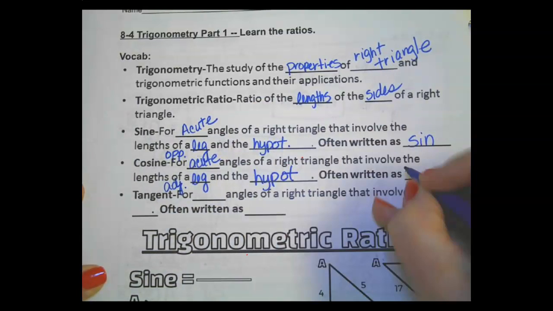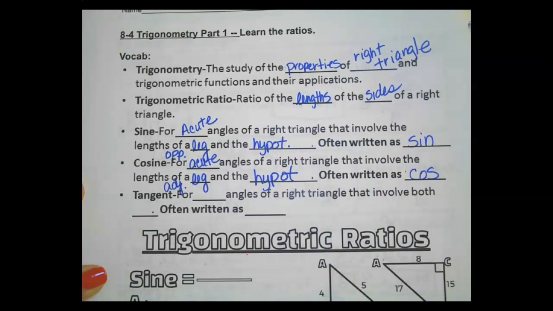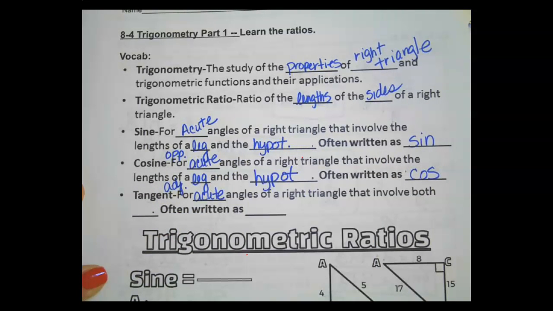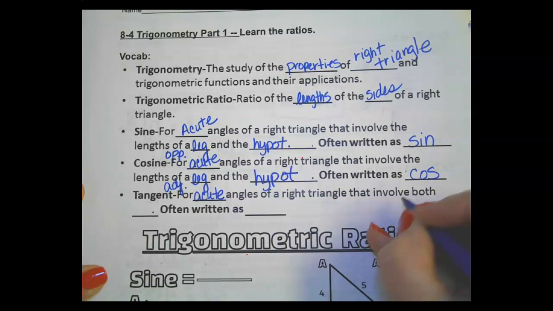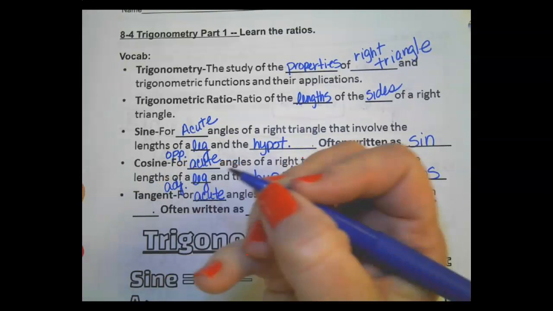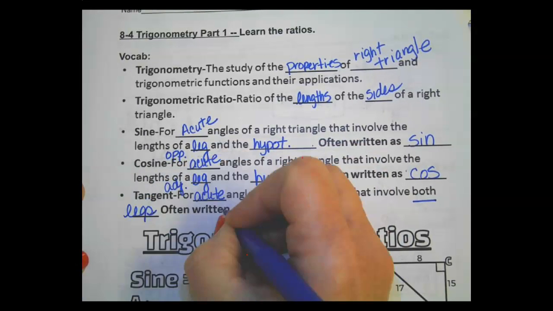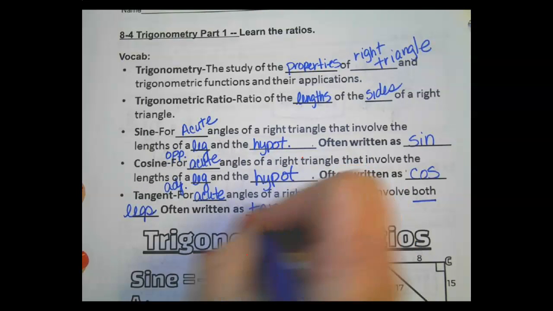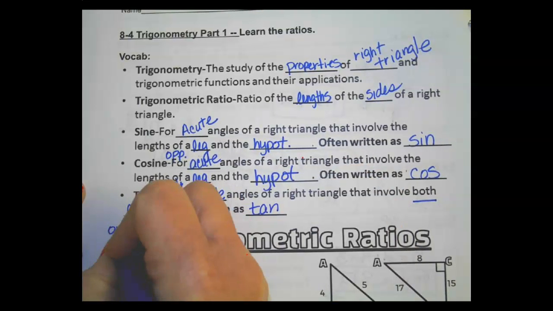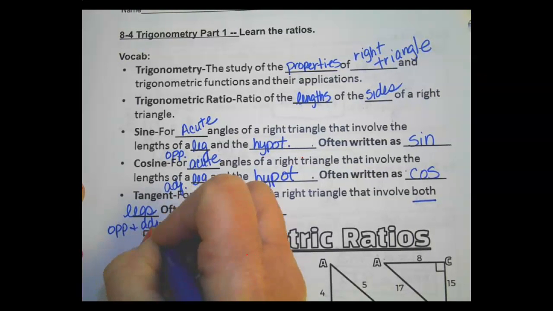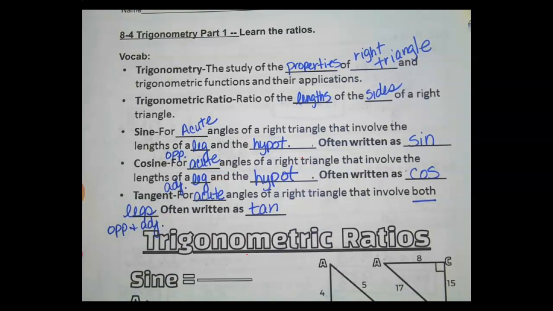On your calculator, it's written as COS. The tangent for your acute angles involves both legs, is written as tan, and is opposite over adjacent.